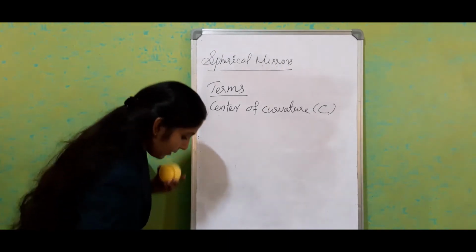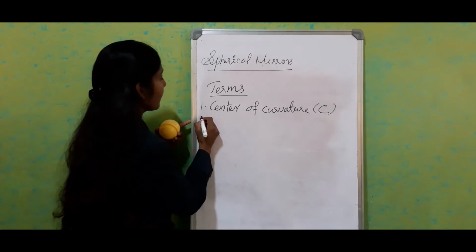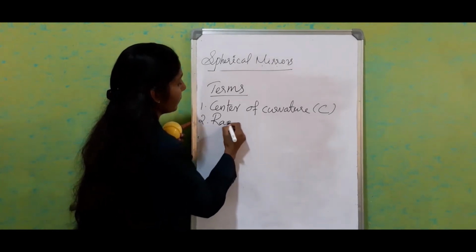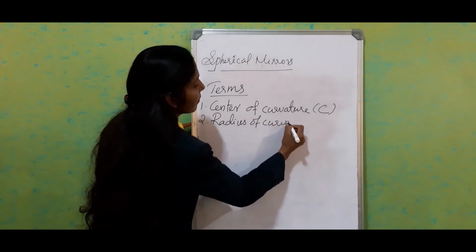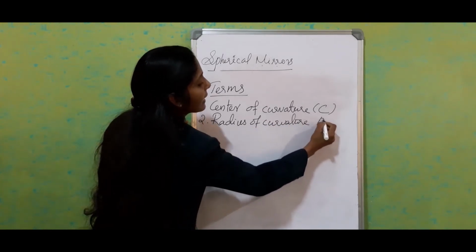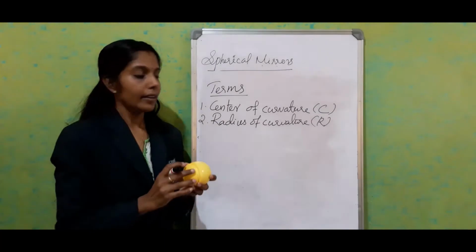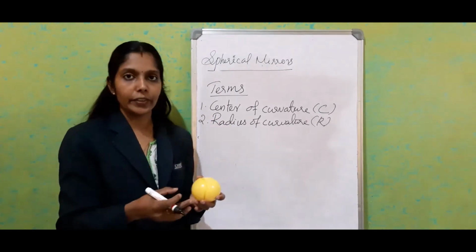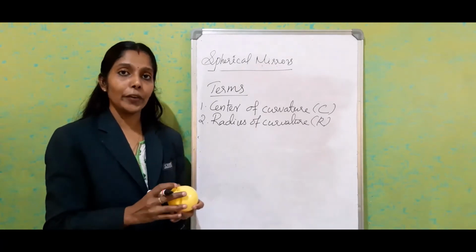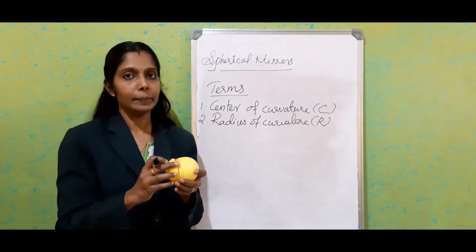Next one is radius of curvature, and it is represented by the letter R. In the same way as the center of curvature, we can define it as the radius of the sphere of which the mirror is a part.